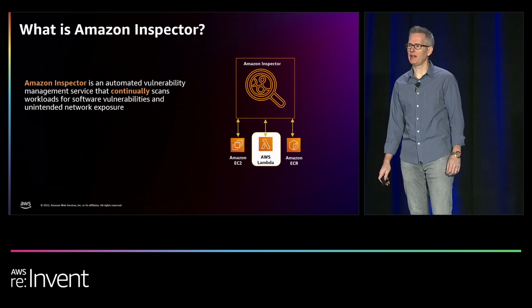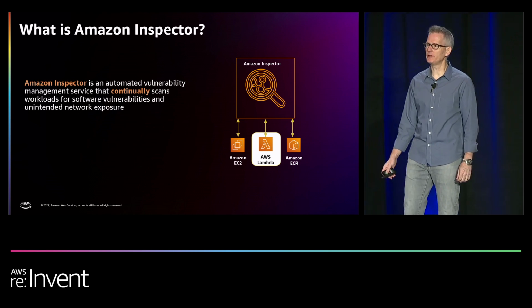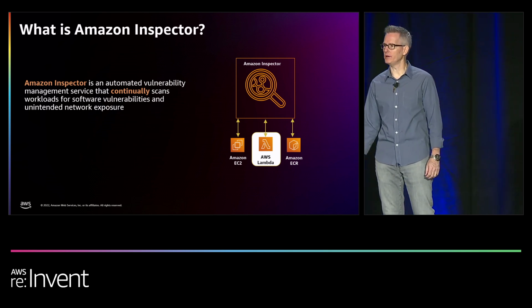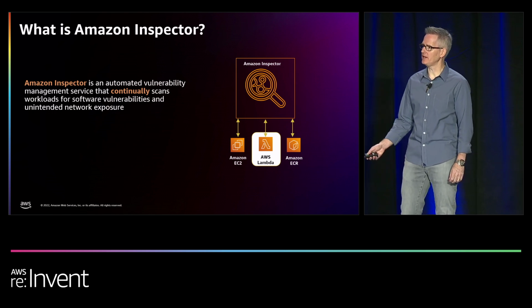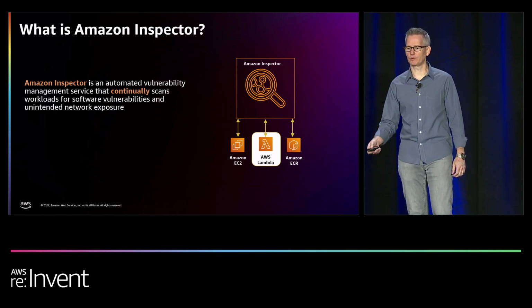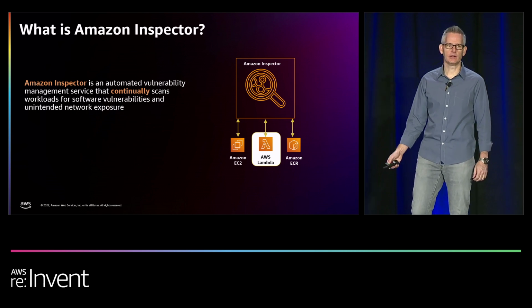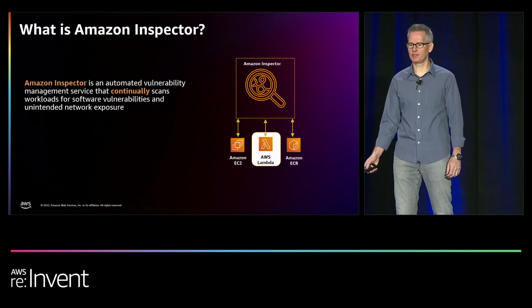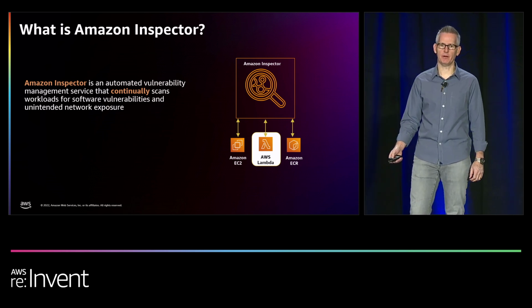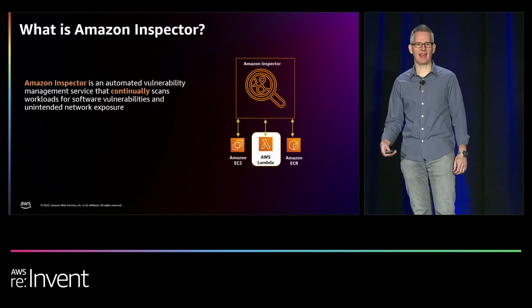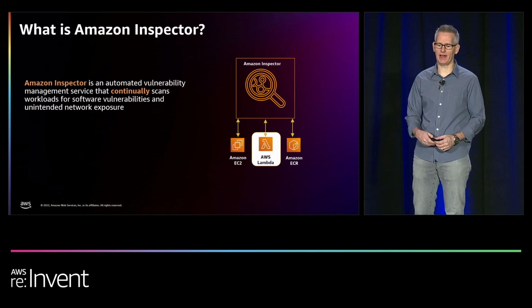And we launched that new version because of a couple of challenges that we saw with how customers were doing vulnerability management, either through traditional methods or through Classic. One of the big changes that we made was to really build it for the cloud and make it a continual scanning system. And what do we mean by that?